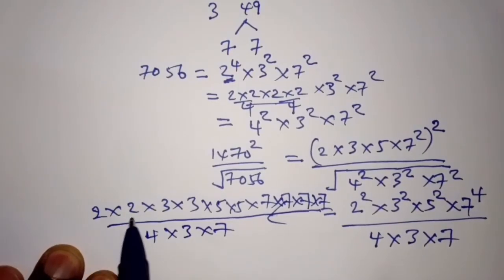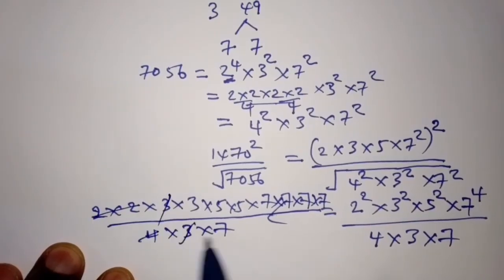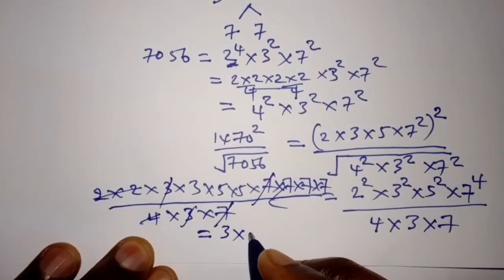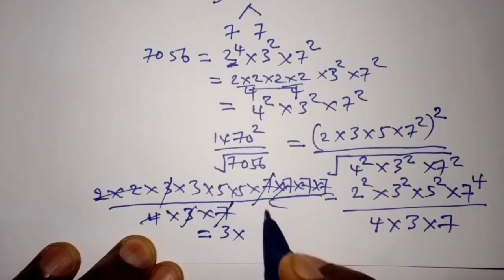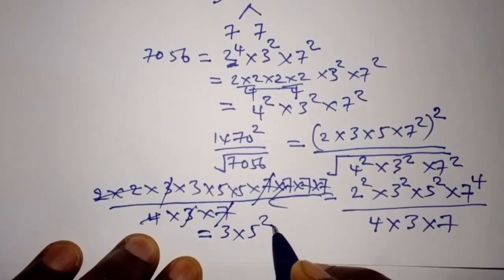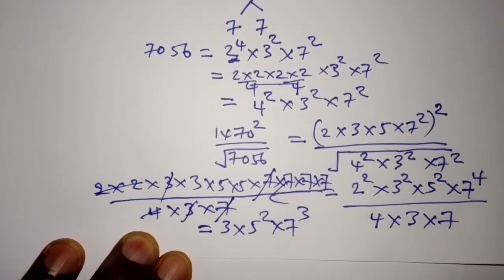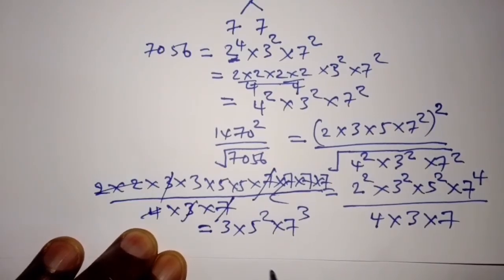So 2 times 2 is 4. 4 can cancel 4 here. 3 can cancel 3 here. 7 can cancel 7 here. Then we remain with 3 times 5 power 2 times 7 power 3.